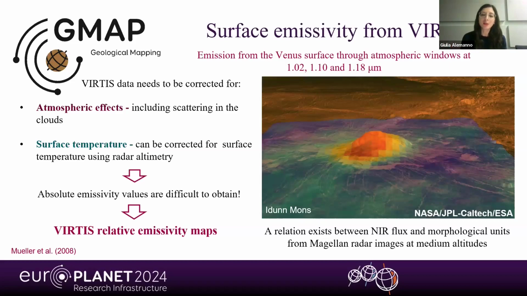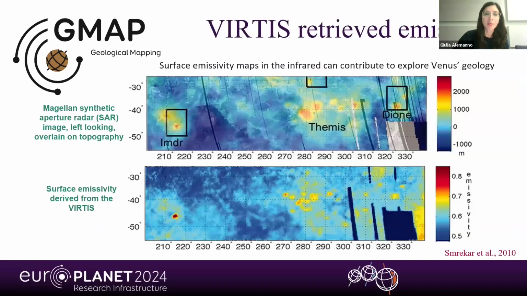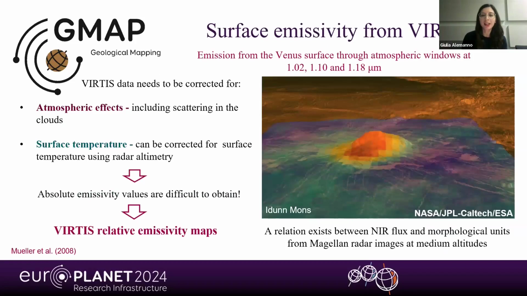What has been observed studying VIRTIS data is that there is a relationship between the near-infrared thermal flux and the main morphological units that can be observed on Venus with the Magellan radar data. For example, in the previous slide, if I go back here, you see Idun Mons, a volcanic structure on the Venus surface, and overlapped to the Magellan data in this image, you have the VIRTIS data in different colors.